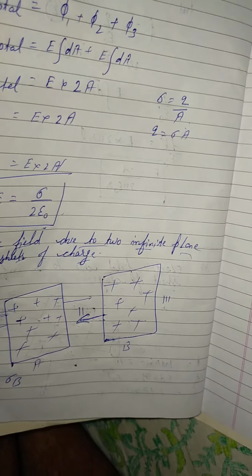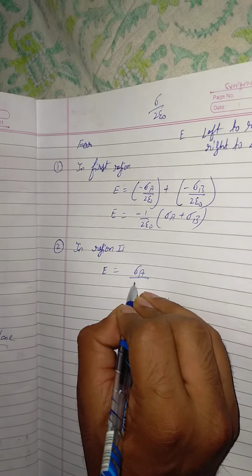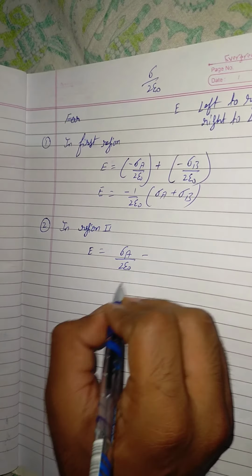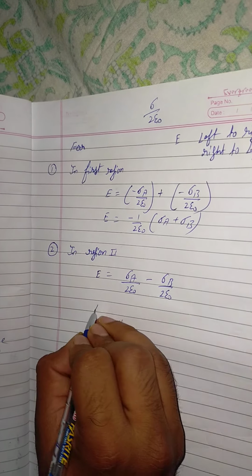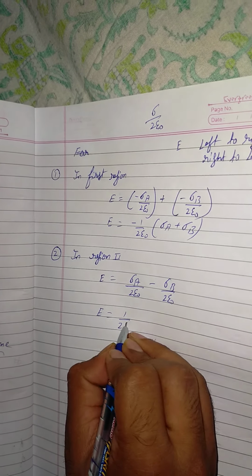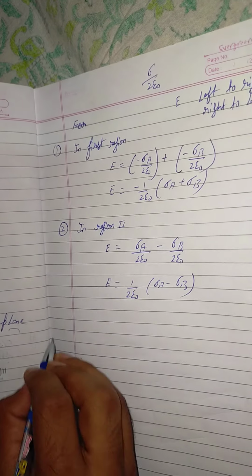So the surface charge density in the second case is positive for the first surface and negative for surface B. So the electric field will be 1 over 2 epsilon naught times sigma A minus sigma B.